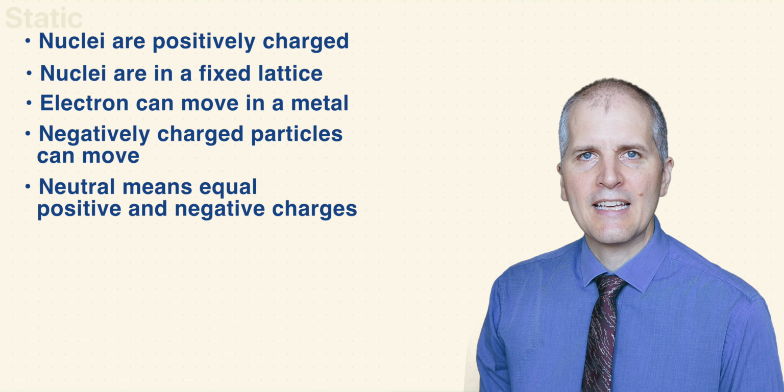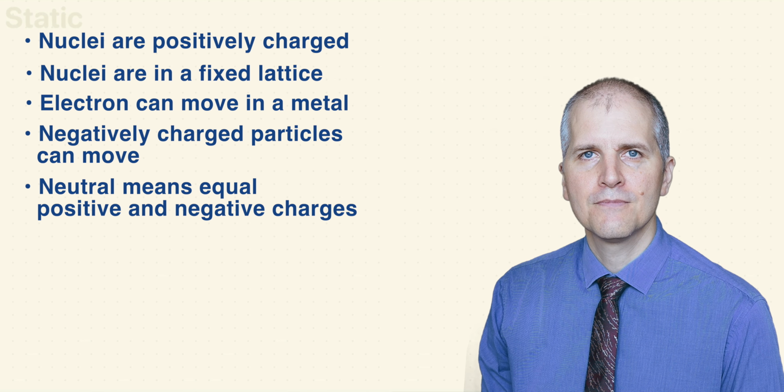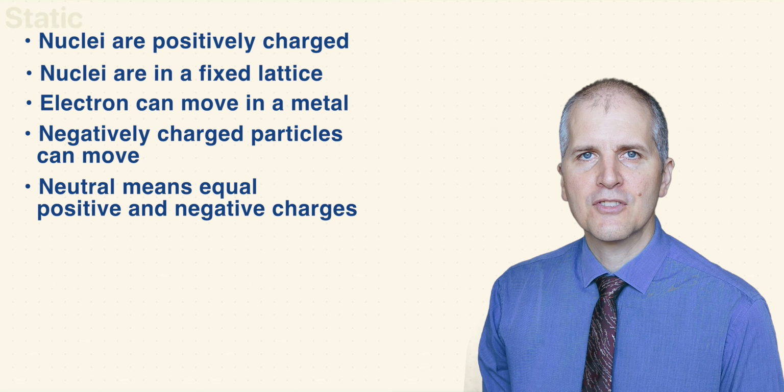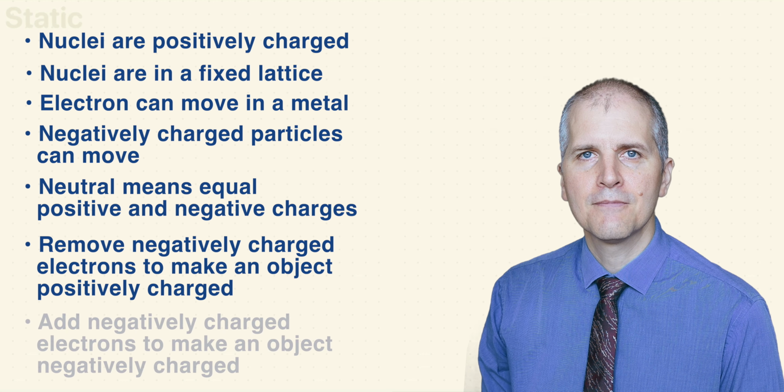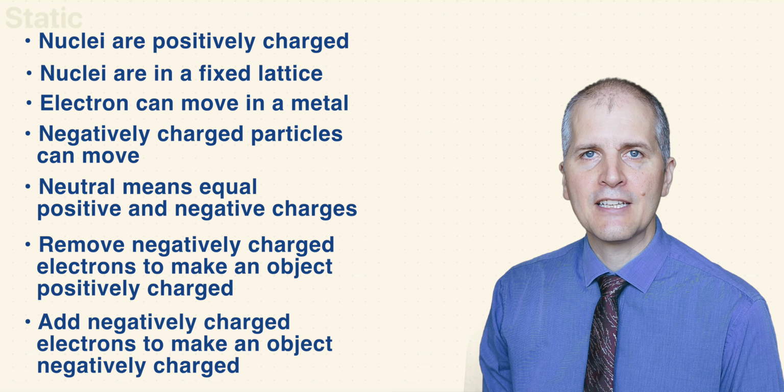When we say that something is neutral, what we're really meaning is that there's the same amount of positive and negative charge. If we want to make something positively charged, then we should remove electrons from it. And if we want to make something negatively charged, then we add electrons to it. And it is only, and it is always, the electrons that move.